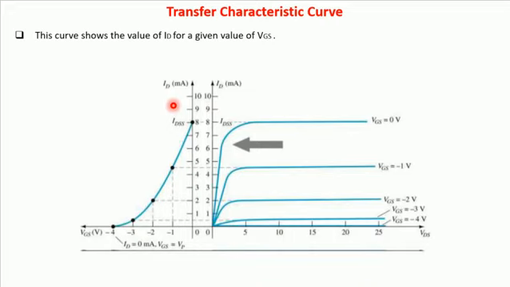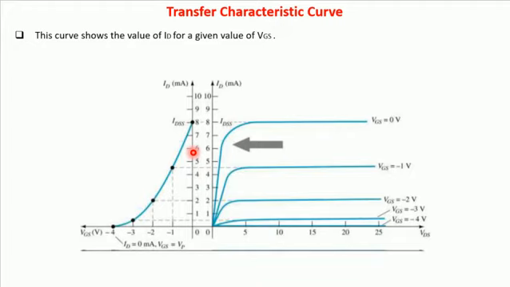For a bipolar transistor, the relation between output current IC and input controlling quantity IB is given by IC equals beta DC into IB. How does it arrive?